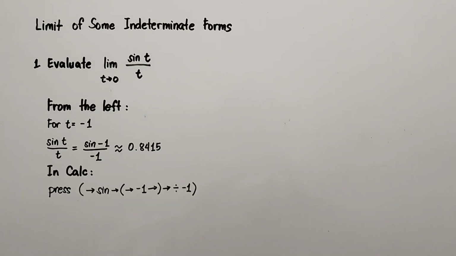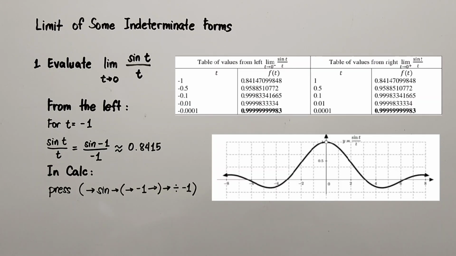By substituting t equals -1, sin t over t is approximately equal to 0.8415. In the calculator, just use that syntax. On the right is the complete table of values and the graph of sin t over t. And according to them, the limit of sin t over t as t approaches 0 is 1.